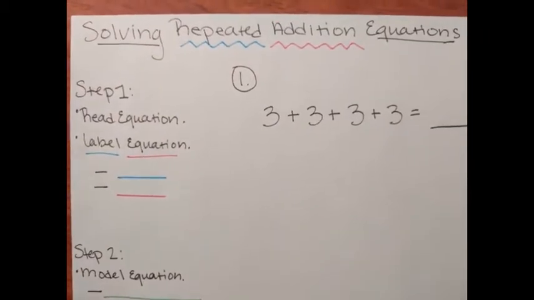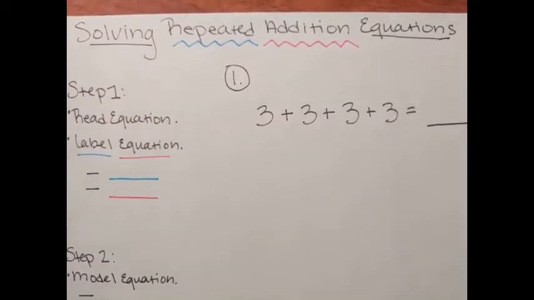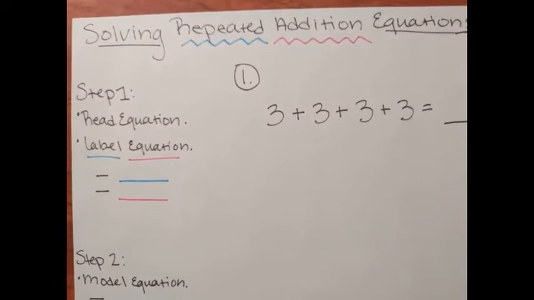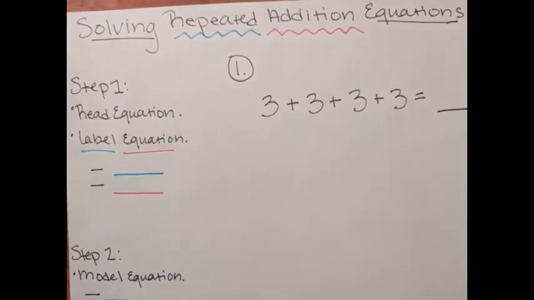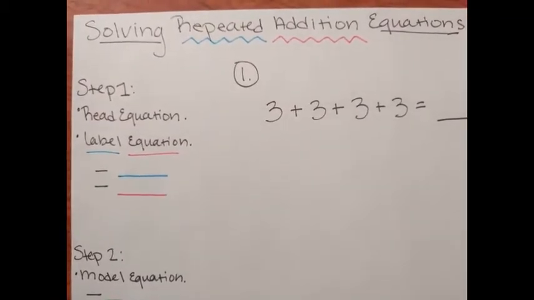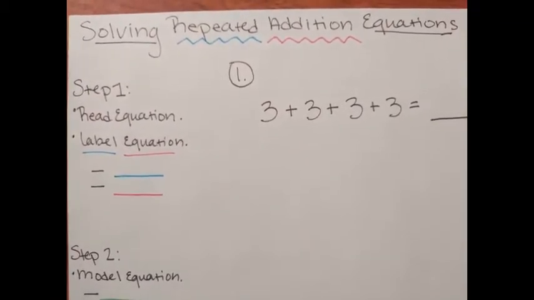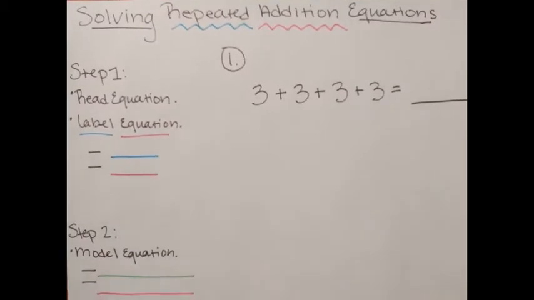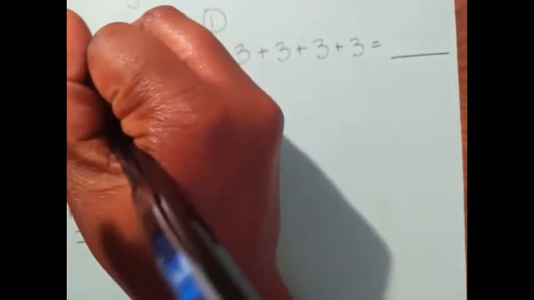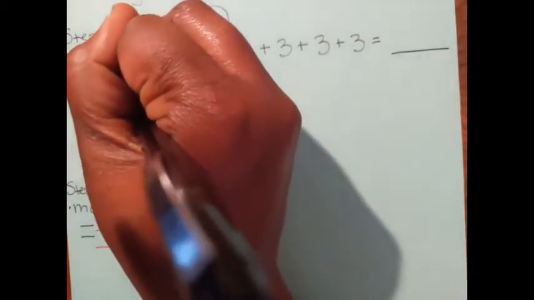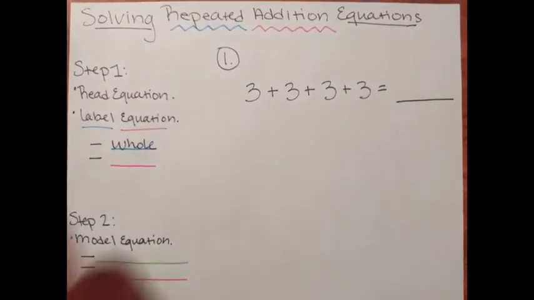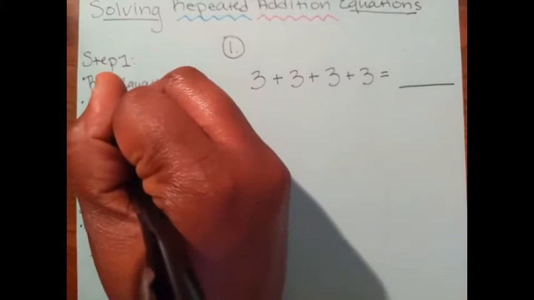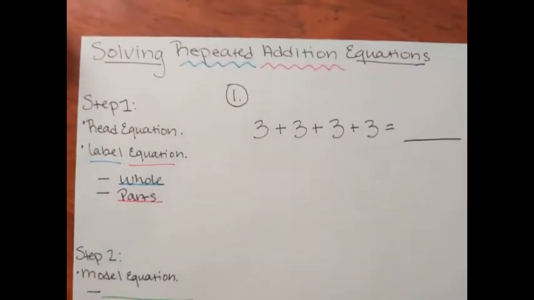When we are labeling our repeated addition equations, it's going to be the exact same process as labeling our regular addition equations, which means we are going to be looking for our whole number.